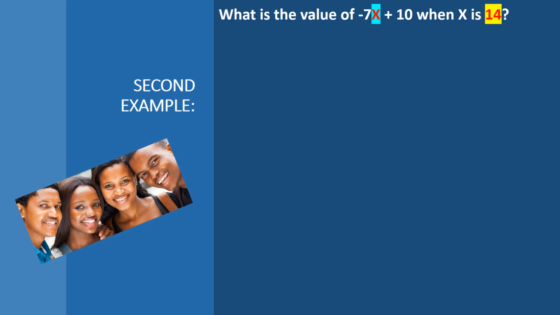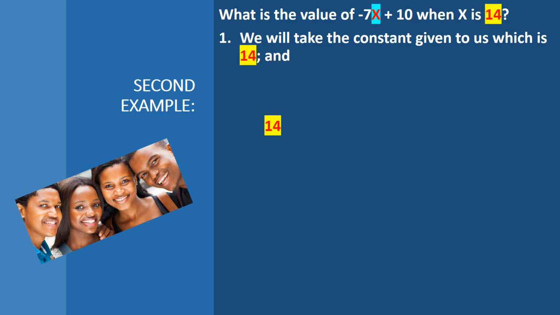Let's look at a second example. On this one, the problem is, what is the value of negative 7x plus 10 when x is 14? So again, I'm given two pieces of information. I'm given a constant, in this case 14, and I'm also given a mathematical expression, negative 7x plus 10. So we'll take the constant given to us, which is 14, and so here's our 14.